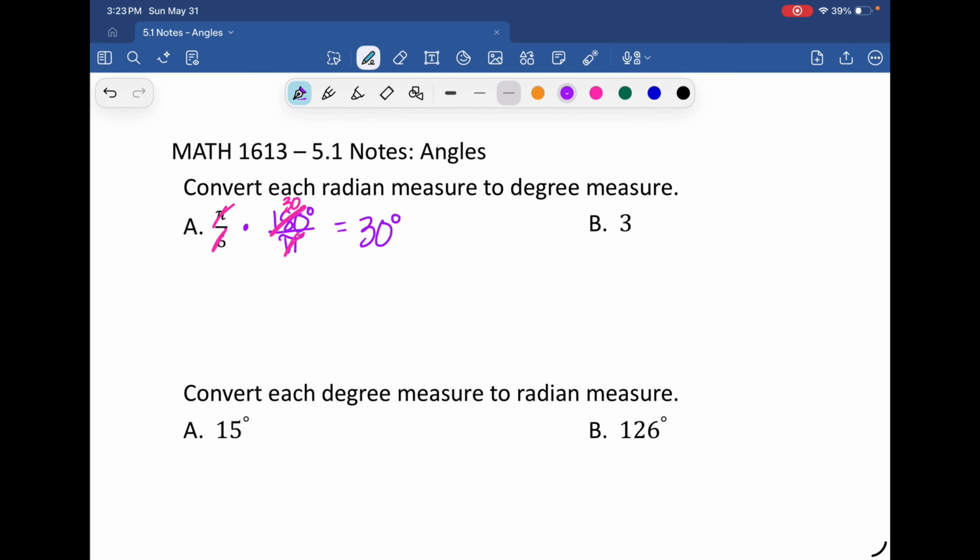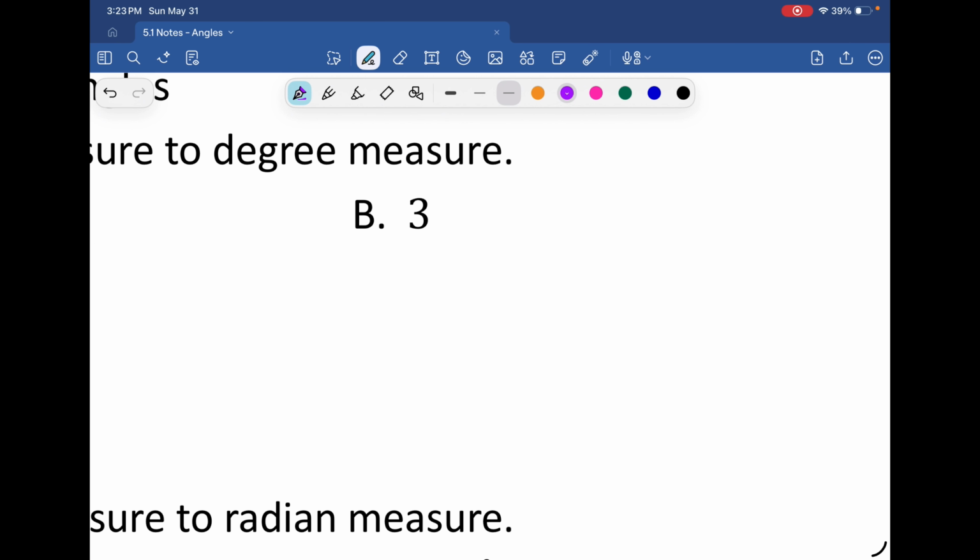It's an incredibly common misconception that all radians have a pi. How you can tell a radian from a degree is literally just the symbol. This 3 is missing the degree symbol. Therefore, it's radians. No degree symbol, it's radians.